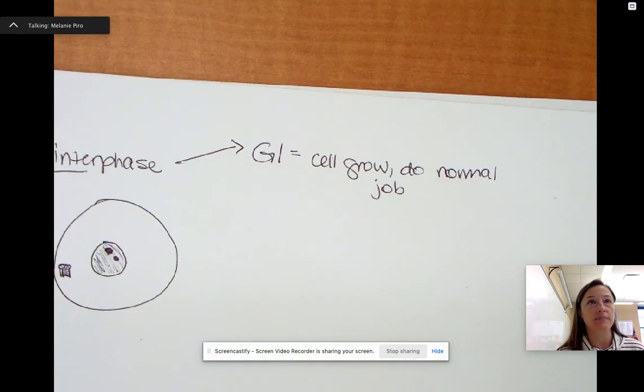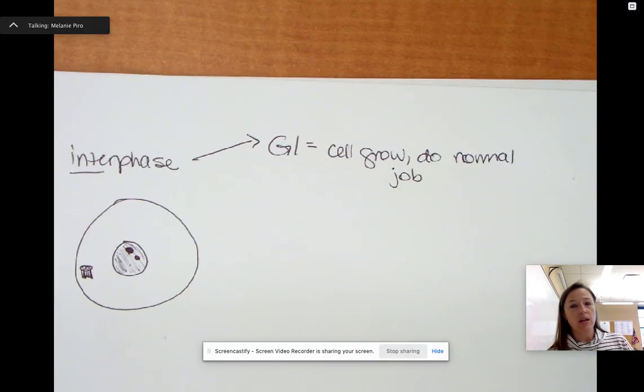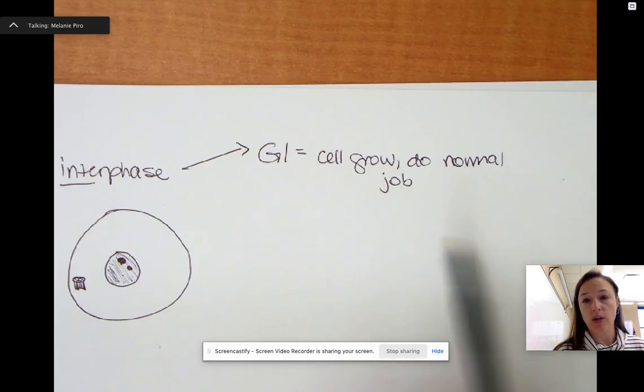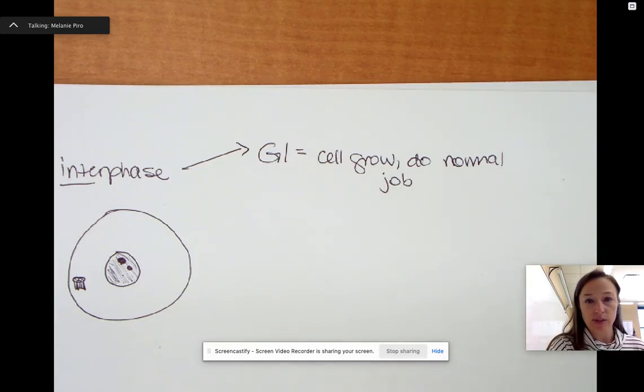If it's a stomach cell, it's going to produce hydrochloric acid ions and pepsin and all that good stuff. Whatever the cell is, this is when it's going to do its normal job. This is when all of the genes that it needs to make enzymes are going to be turned on. It's also when the cell's going to grow. A lot of cells just hang out in G1 for a while because when they first divide, they're tiny and they've got to get big again before they divide.